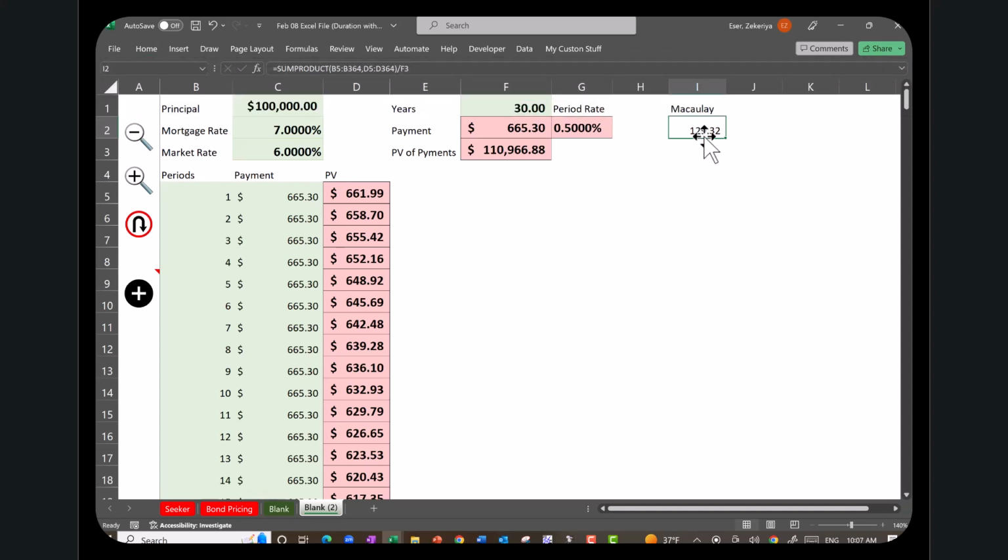Since periods are in months, that Macaulay duration is in terms of months. If you want to convert that to years, 1 over 12 times that.